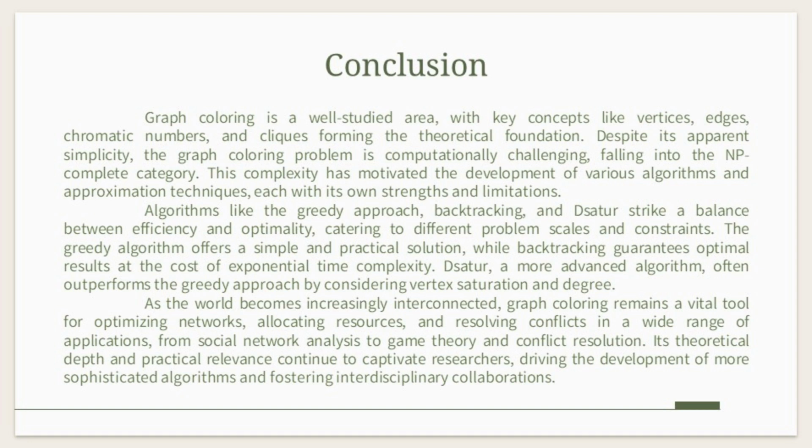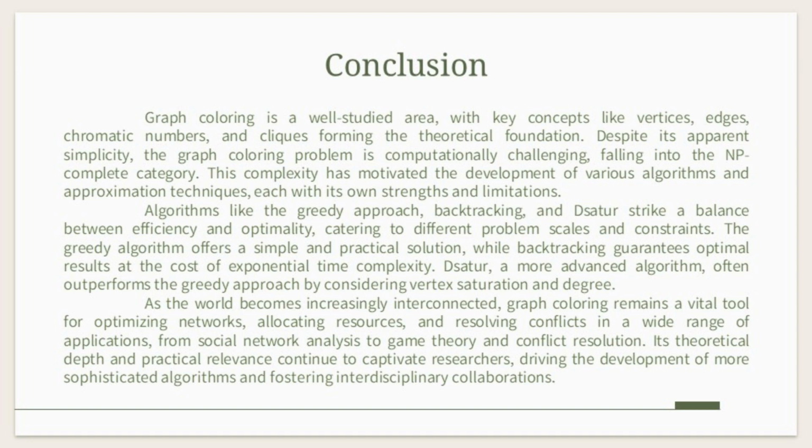Despite its apparent simplicity, the graph coloring problem is computationally challenging, falling into the NP-complete category. This complexity has motivated the development of various algorithms and approximation techniques, each with its own strengths and limitations.